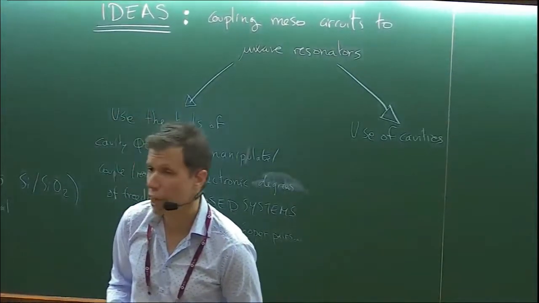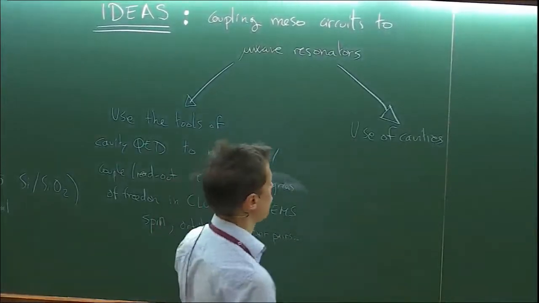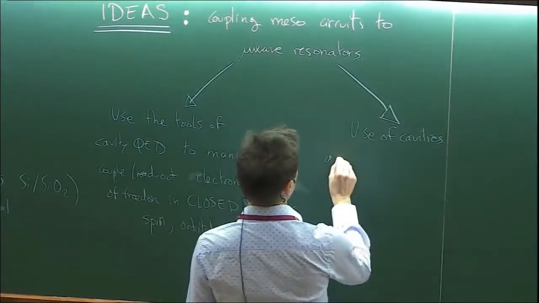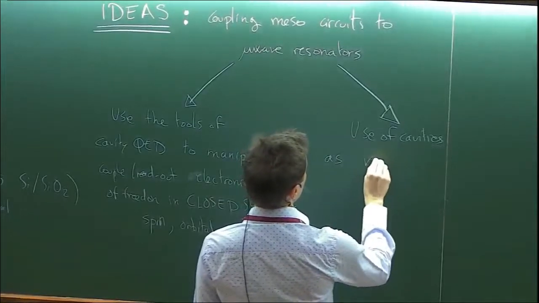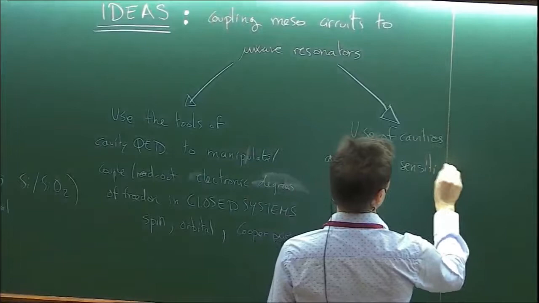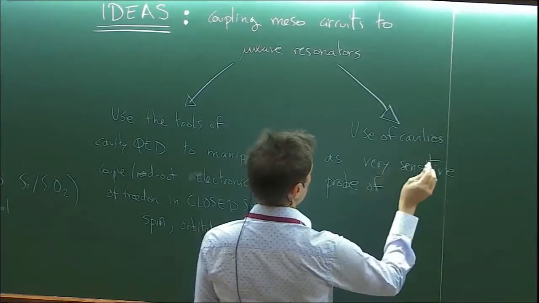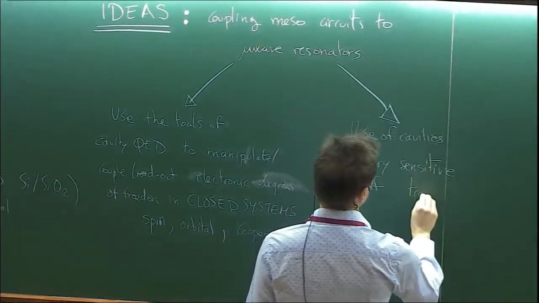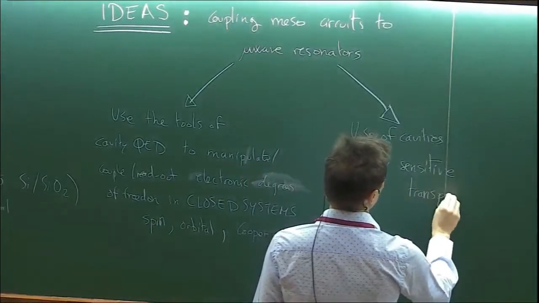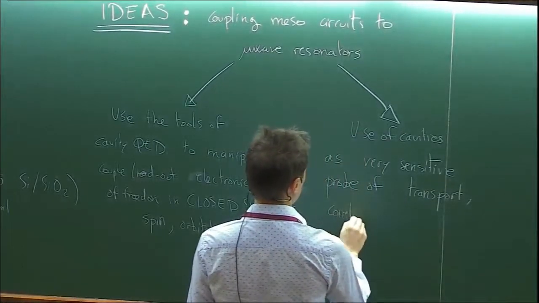And also you can have strong correlations between the electrons. So use the cavities as a very sensitive probe of transport generally, out of equilibrium phenomena, electronic correlations.